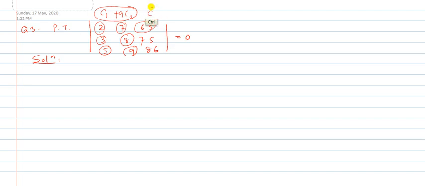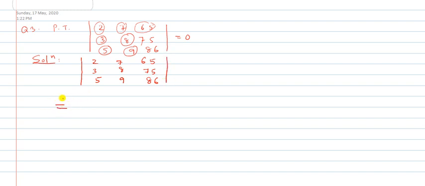Let us see what I apply here. First of all I will write the question. This one is 2, 3 and 5. This one is 7, 8 and 9. This one is 65, 75 and 86. Now I am applying one relation here: C1 is replaced by C1 plus 9 times C2.